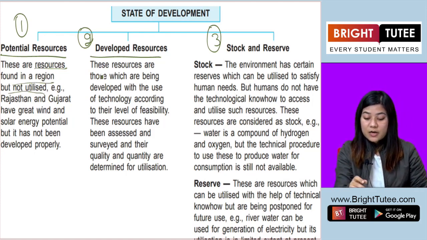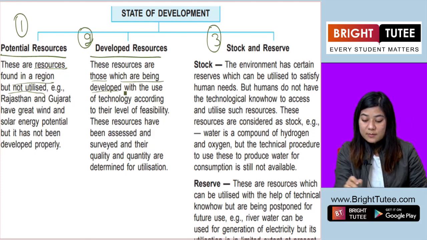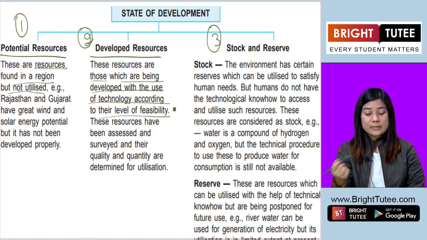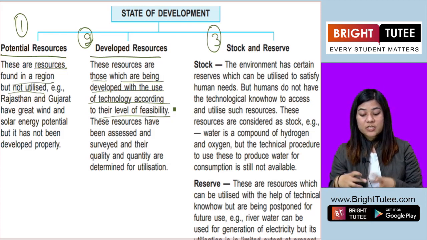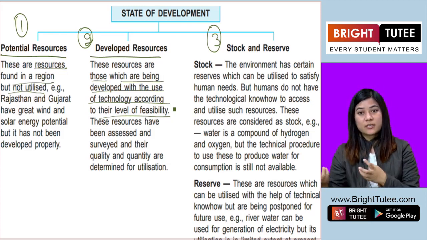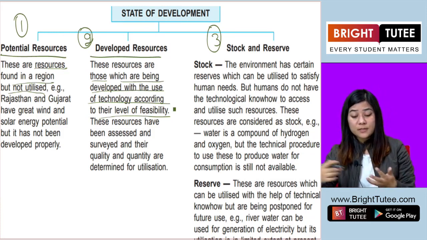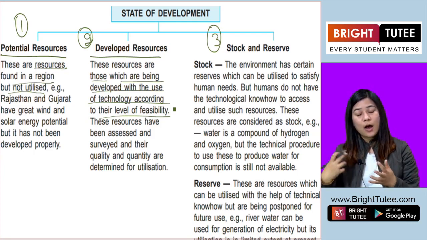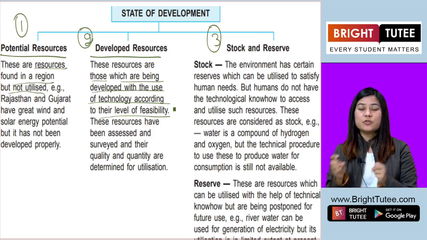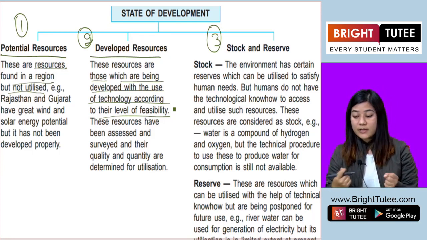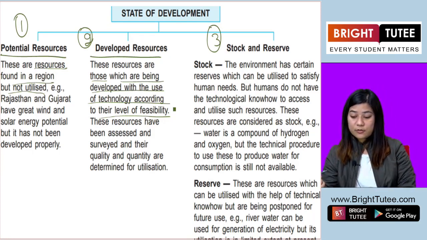Developed resources are those being developed with the use of technology according to the level of feasibility. What is possible, however it is possible with the use of technology, they try to use the resources.